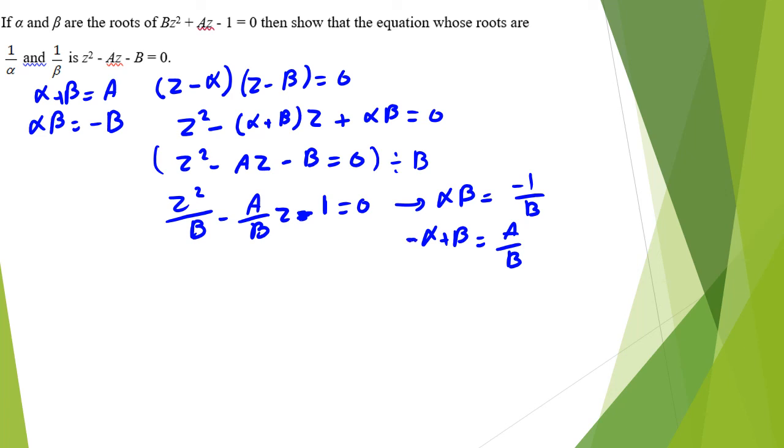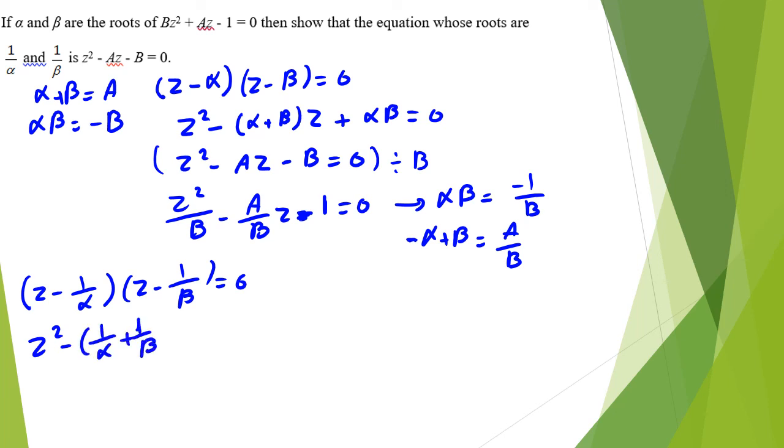Okay. Now, for that one here, then I will take the other one. Can you see it's 1 over alpha and 1 over beta? So I'm going to take those and write them as factors. Now expand, simplify, I will end up with... Now, alpha times beta is negative 1 over b.